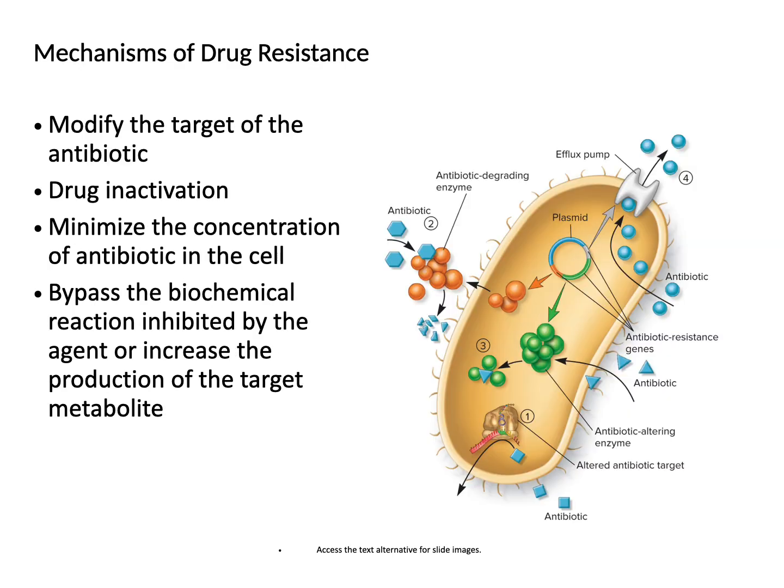So looking at the mechanisms of drug resistance or antibiotic resistance here, we can see we've got our bacteria. There's a number of different mechanisms that can be at play. Now this figure has 4 different mechanisms, but really there's only 3. The first one, at the bottom of this bacteria, is an altered antibiotic target.